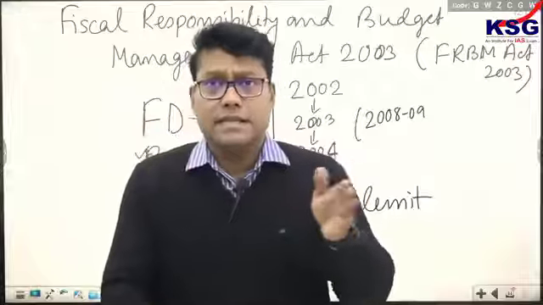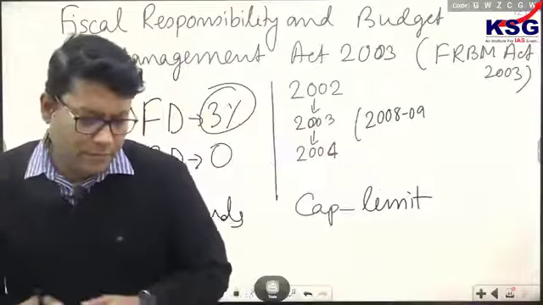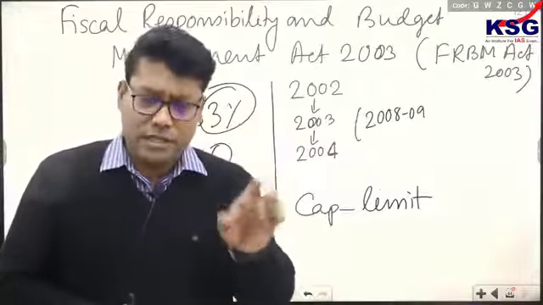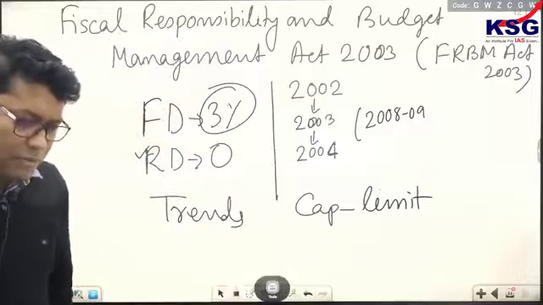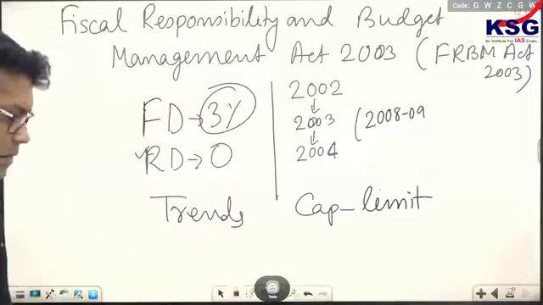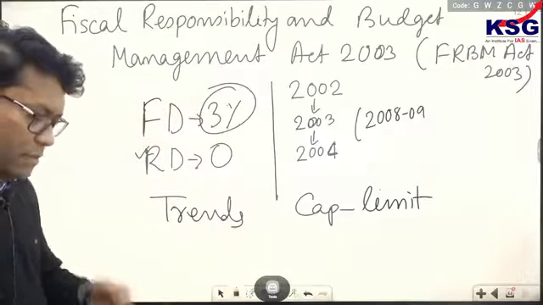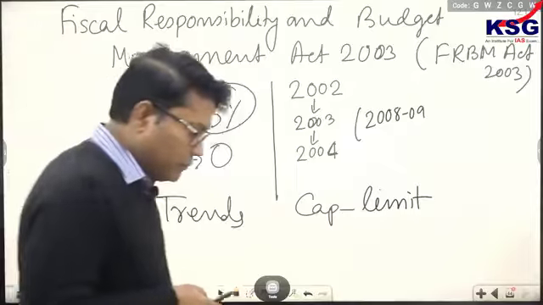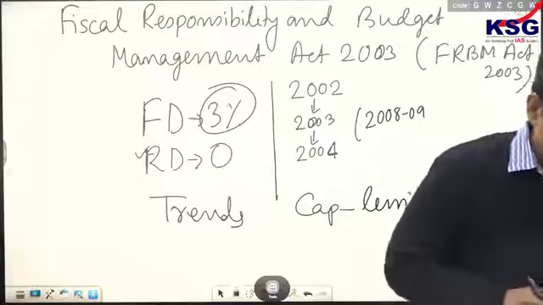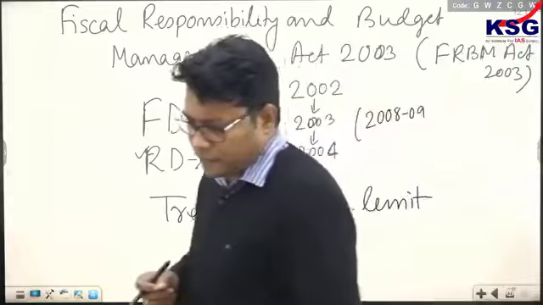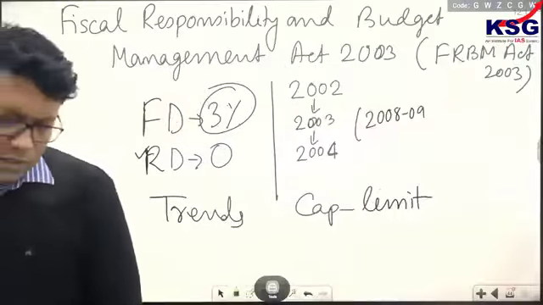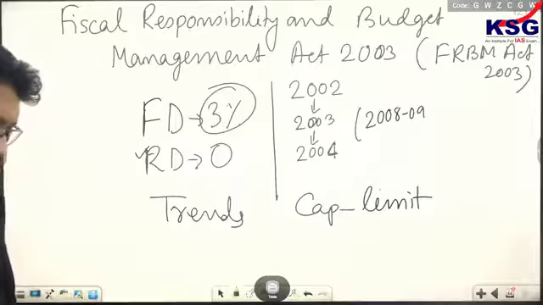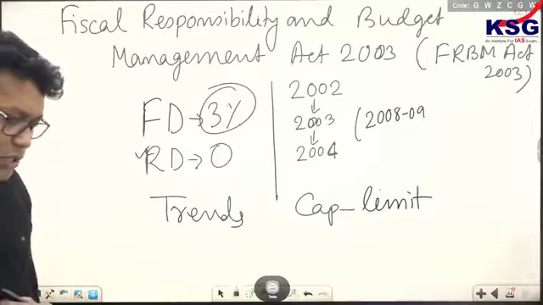Right. Then summarize and write it again, please. After this point, summarize all the points in a few lines. The FRBM Act provides a legal institutional framework for fiscal consolidation.